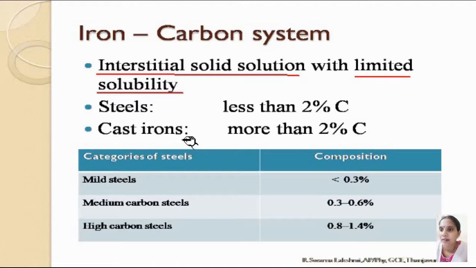Cast iron is usually used to make utensils, while steel is an engineering material which has wide range of applications in the fields of manufacturing and metallurgy. Hence, we will concentrate on the study of steels.